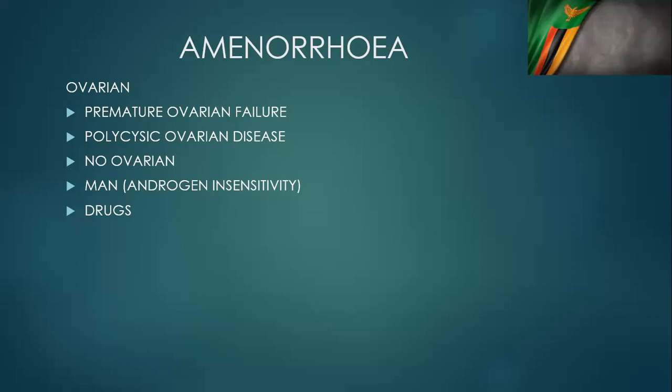Sometimes it's somebody who's post-hysterectomy. We know that if you have a hysterectomy, ovarian failure is likely because blood supply to the ovary might be disturbed and things like that. So it might be surgery as well, or ovaries that have been removed because of them having a pathology. So these are ovarian pathologies.